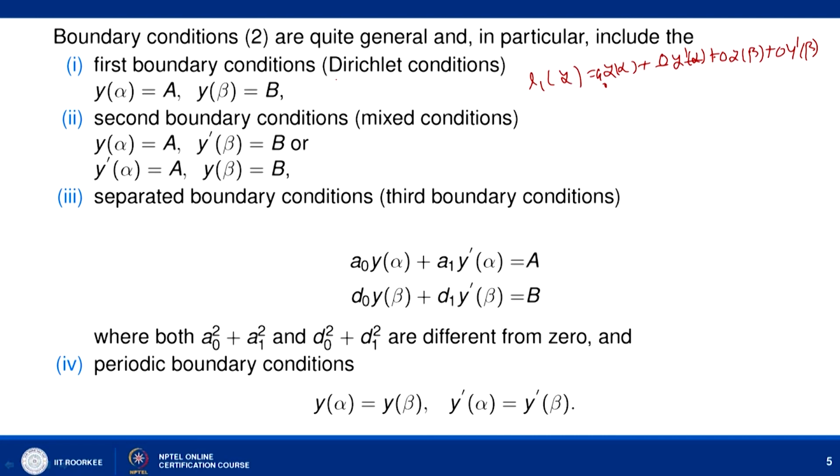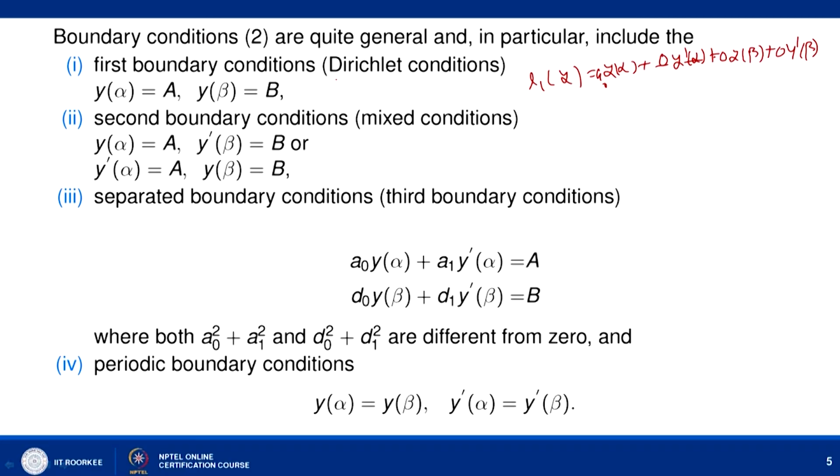Then the second boundary condition, which we call mixed boundary conditions, is where the function as well as its derivative is defined at the end points. Here, one kind of mixed boundary condition is y alpha given as A and y dash beta equal to B. It means that at one point your function is given and at the other point your derivative is given.